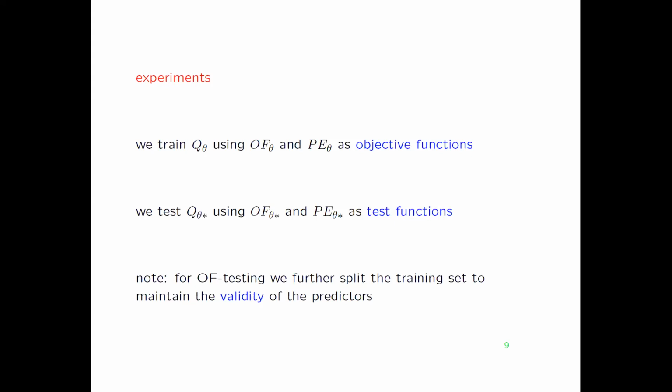One is trained using the conformal objective function, and the other one is trained using the usual objective function, this is PE and F. And then we have two ways of testing.